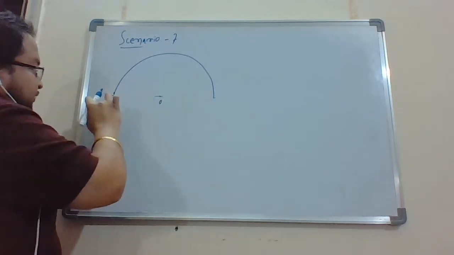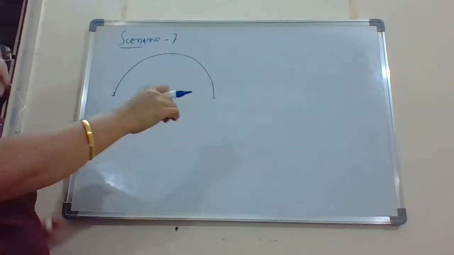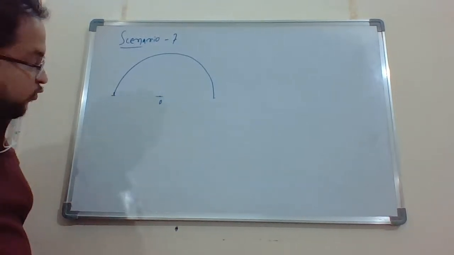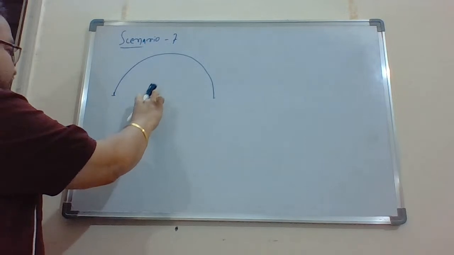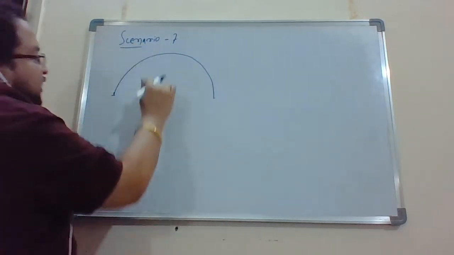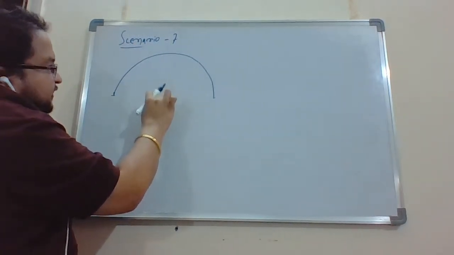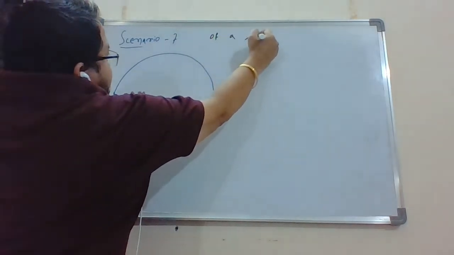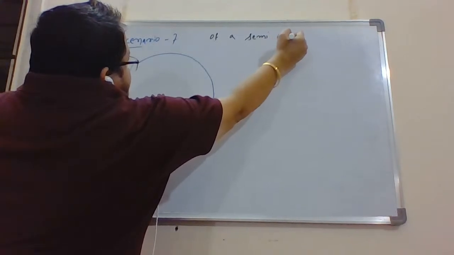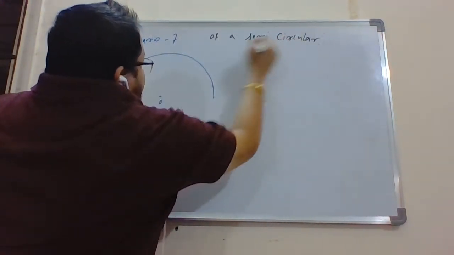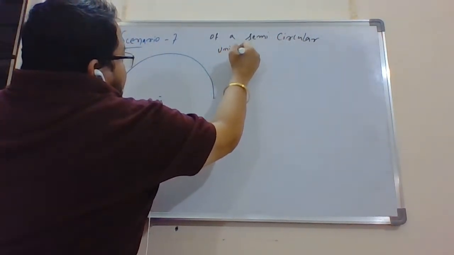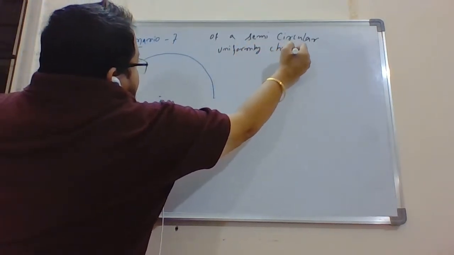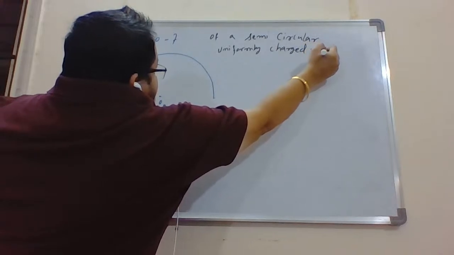So I have bent that initial uniformly charged rod into a semicircular ring, and I want to find out the electric field intensity at the center of a semicircular uniformly charged ring.